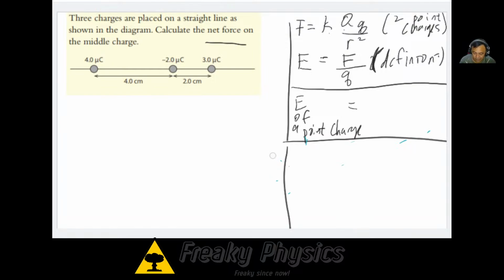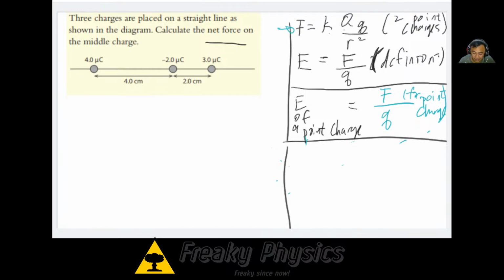Going back to what I was saying, the electric field on a point charge is the force on the point charge over q. So what's our equation for the force on a point charge? It's Coulomb's law.